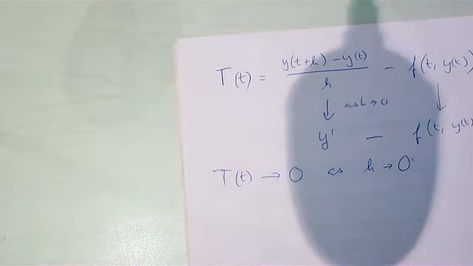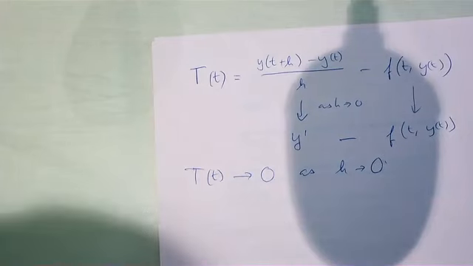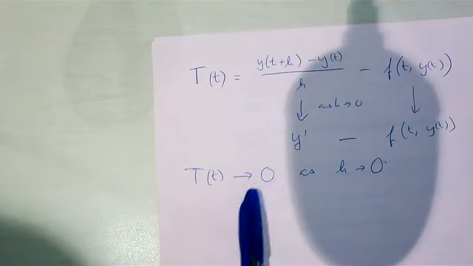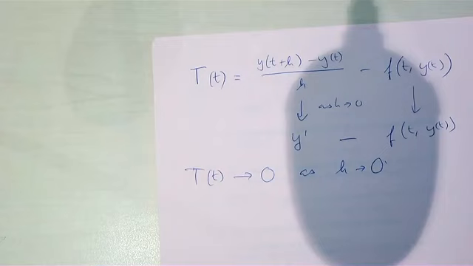More or less, the local truncation error just measures how good your numerical approximation is to the exact solution at the time t. We fix the time t and let the step size h go to 0.